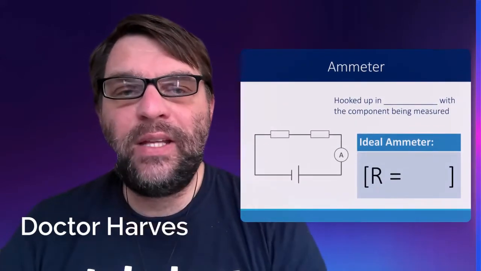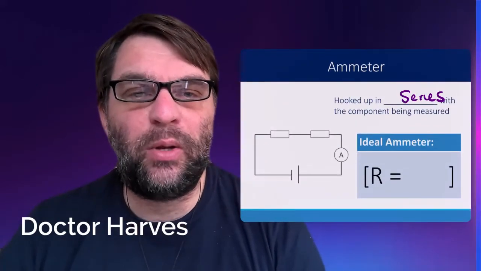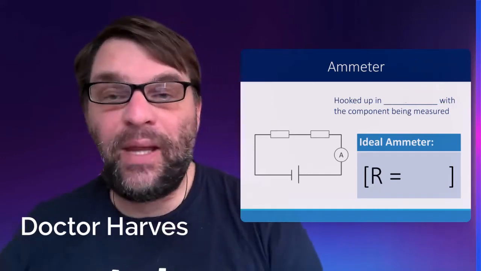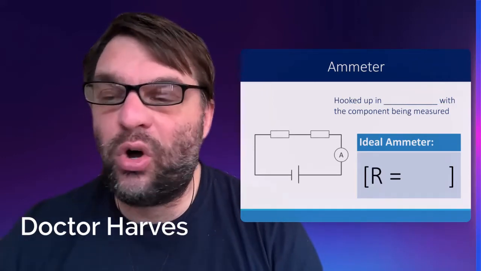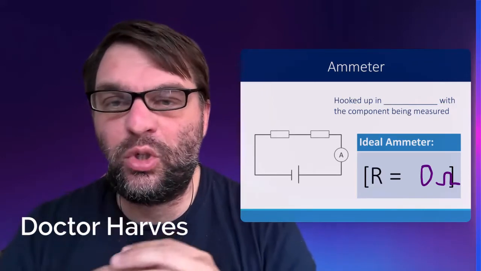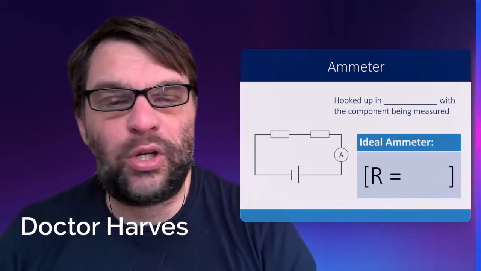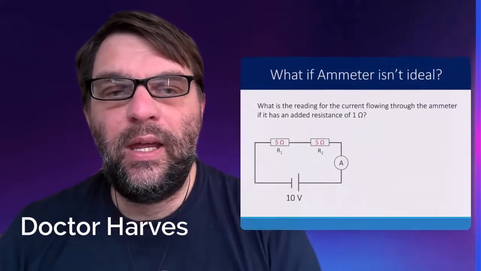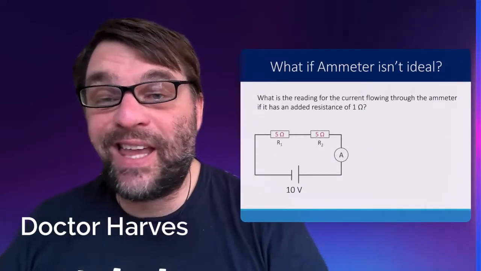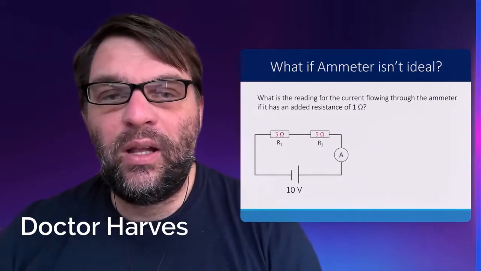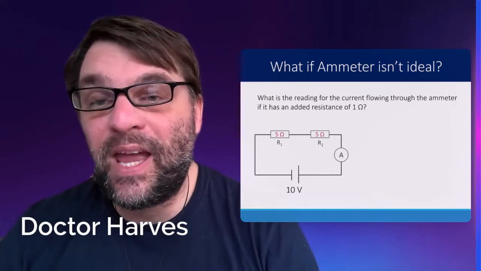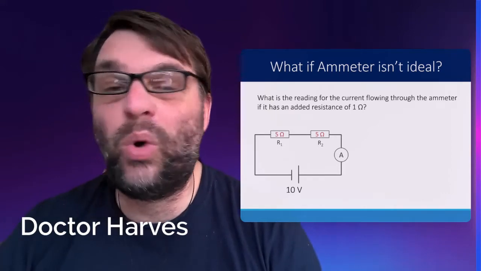Looking at the ammeter, it's hooked up in series with the component being measured, and the ideal ammeter will have a resistance of 0, because we don't want it to impact the measuring of the current in that circuit. But what happens if it does have a resistance? In this example, the ammeter has an internal resistance of 1 ohm.